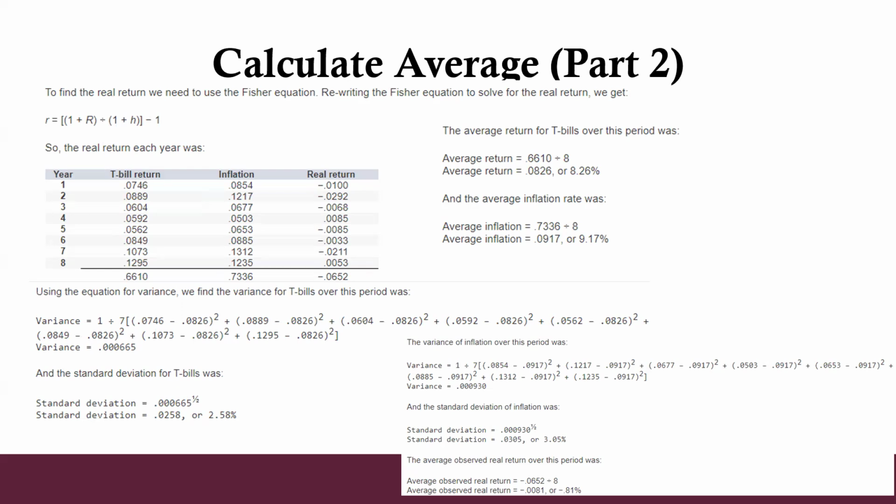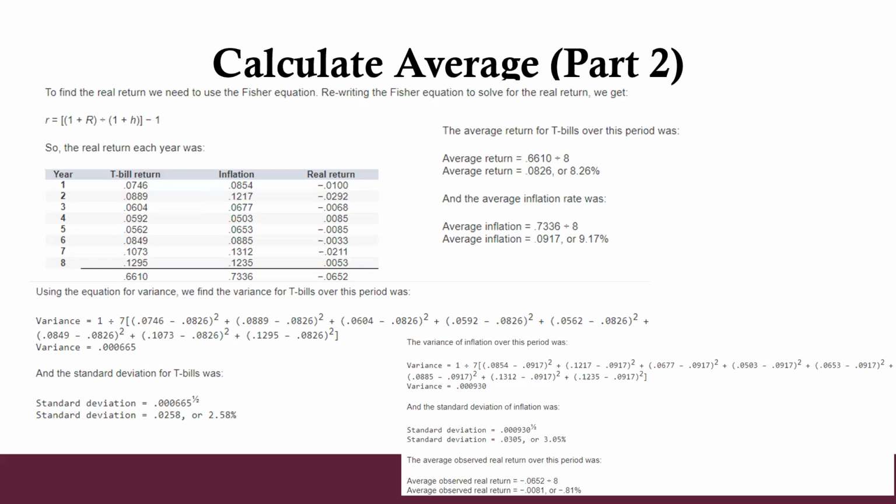And then we have what our average is going to be, so we can calculate what the variance is, because we have the difference in our return and what the average return was. Based on that, we get variance. And then we can calculate what the standard deviation is because it's the square root of that.